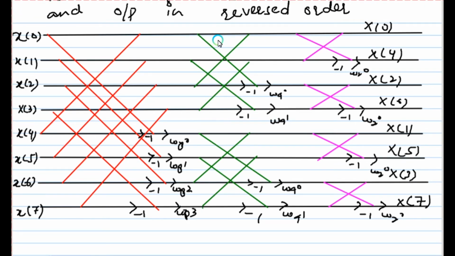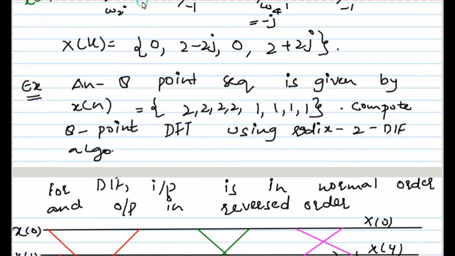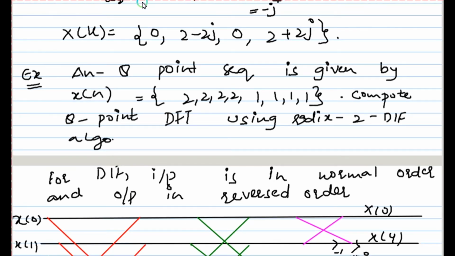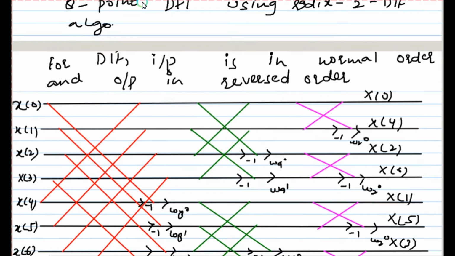Here the input will be x of 0 plus x of 4. In our case, we have taken x of 0 is 2, x of 1 is 2, x of 2 is 2, x of 3 is 2, and then finally all the other inputs equal to 1.